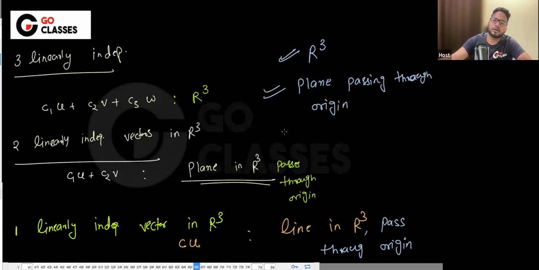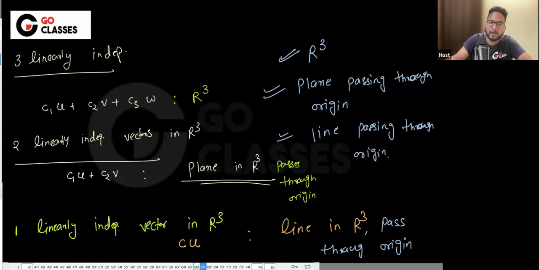This is also a subspace in R3. A line passing through the origin is also a vector space. Okay, it will be more clear.